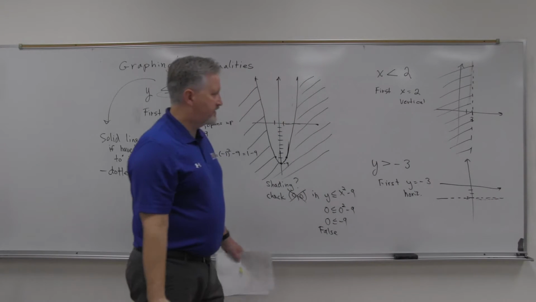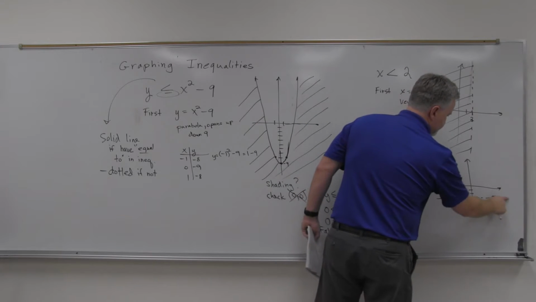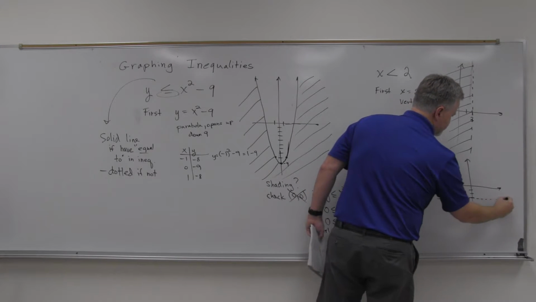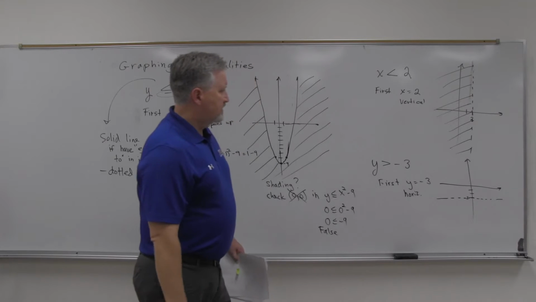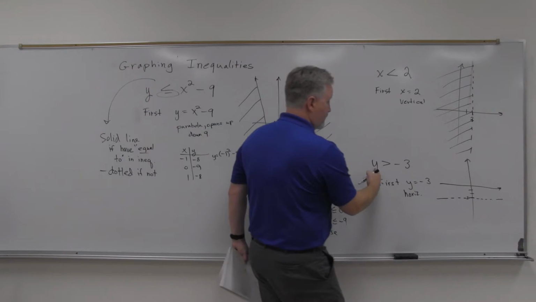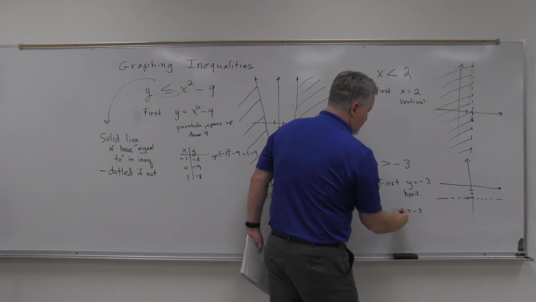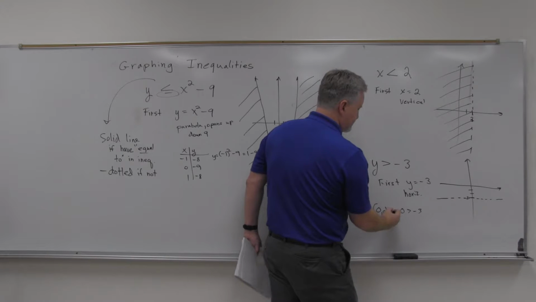And again, the shading is the other part to this. Which side? Top. Yeah, 0, 0 would work. 0 is greater than -3, so 0, 0 checks.